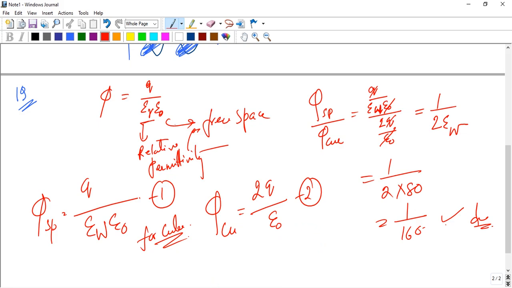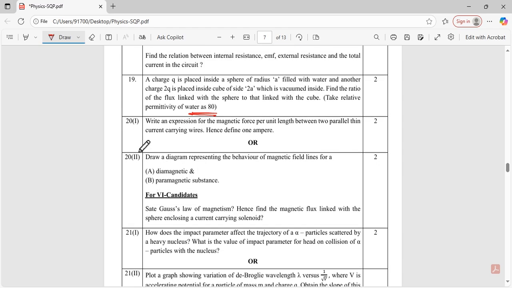Next, question number 20, part 1. Write the expression of the magnetic force per unit length between two parallel thin current-carrying wires. Hence, define 1 ampere. That's a very easy question. The force is equal to mu 0 I1 I2 L by 2 pi D, where D is the gap between the two wires.